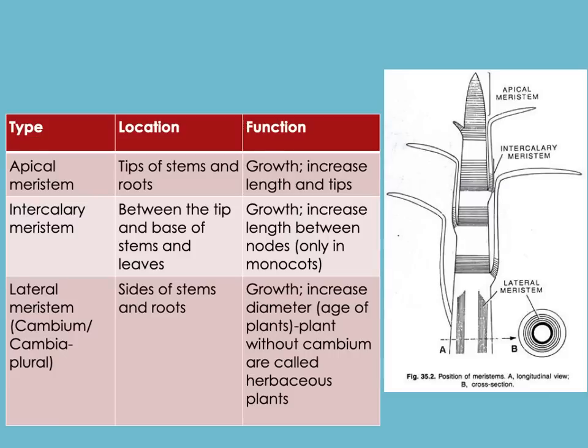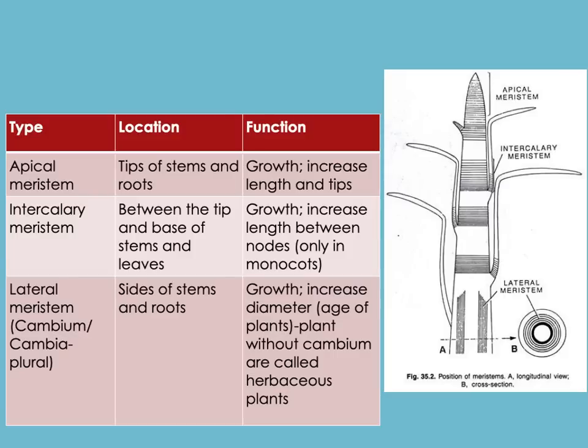Apical meristem contains meristematic tissues located at the tips of the stem and roots, which enable a plant to extend in length. Lateral meristem facilitates growth in thickness or girth in a maturing plant.